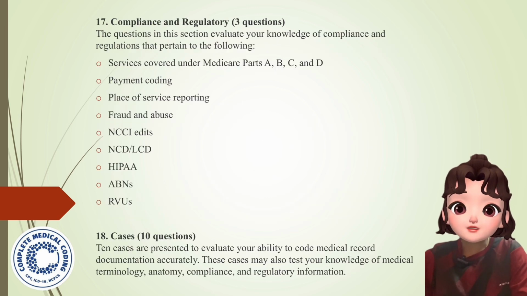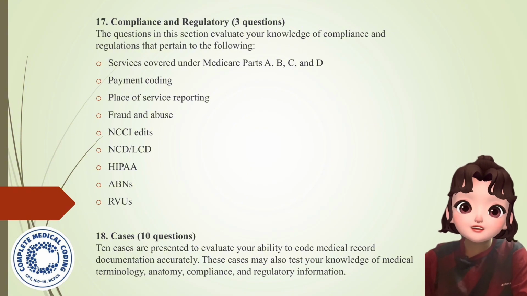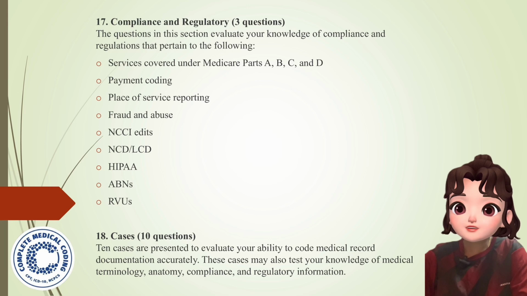The second-last section is compliance and regulatory. 3 questions you will get from compliance and regulatory. The questions in this section evaluate your knowledge of compliance and regulations that pertain to the following.